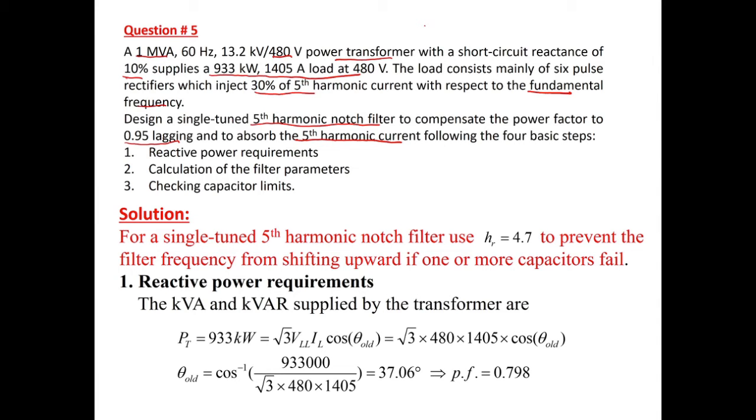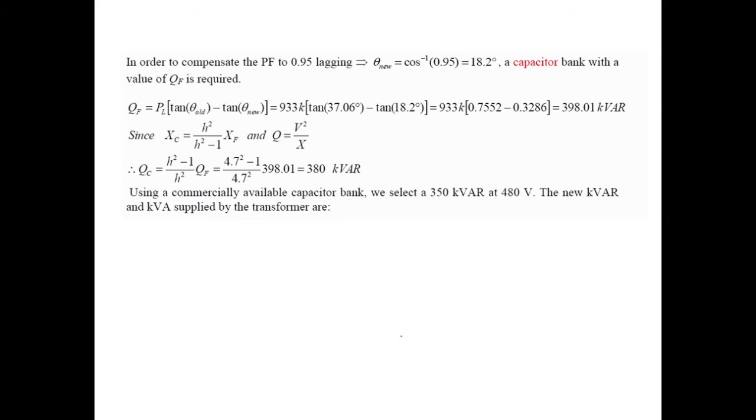Okay, so again, this is how to calculate the initial power factor or theta 1, as we did already, and then we are going to calculate theta new, and then we are going to calculate the reactive power or the size of the filter, which is 398, and then we can calculate the value of XC and also of XL from here.